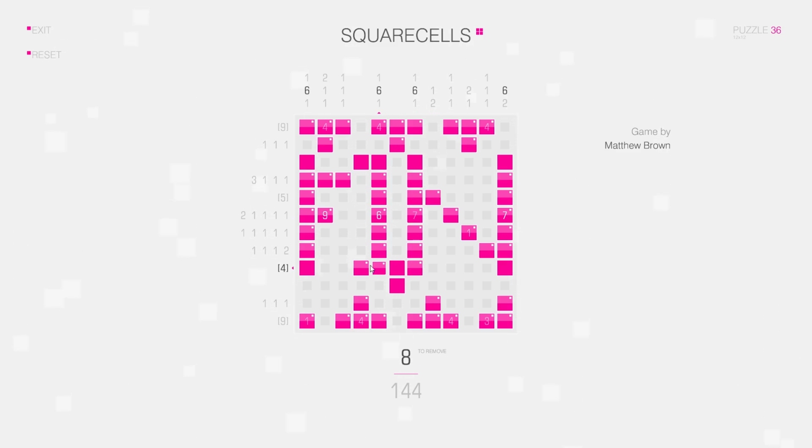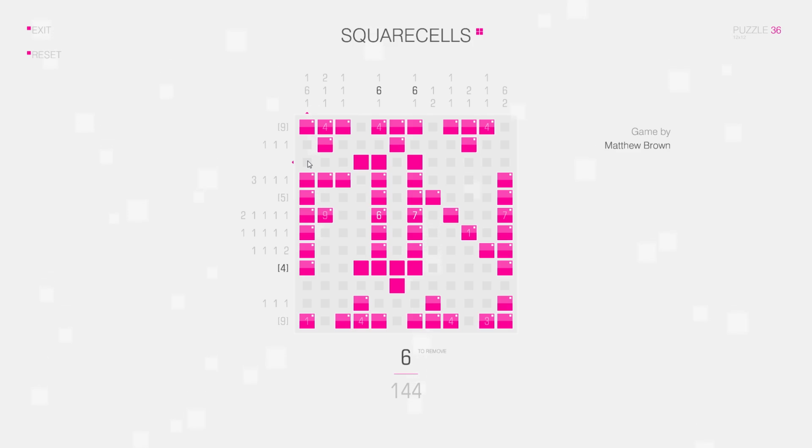So how about this? Also not, because we have 1, 2, 3, 4, 5, 6, 7 squares in this group then. So I can only have 2 squares in here, which means the remaining 2 squares for this row have to be here and here. So now I can complete this column by deleting this square, and this column by deleting this square.